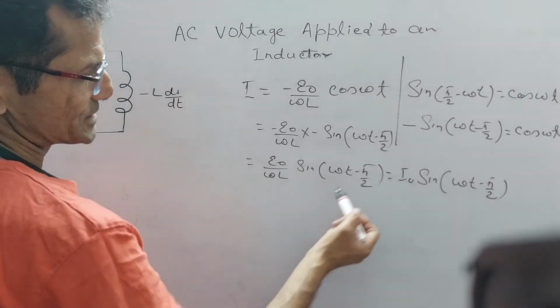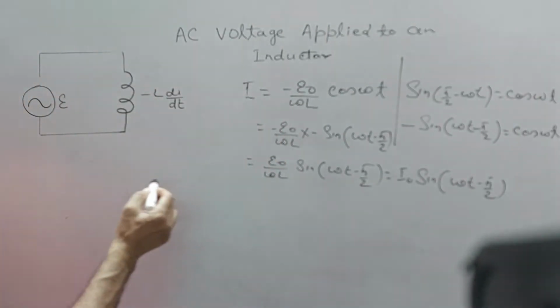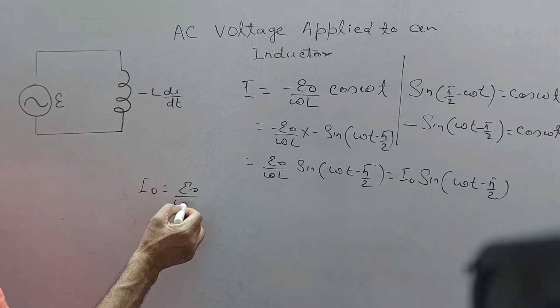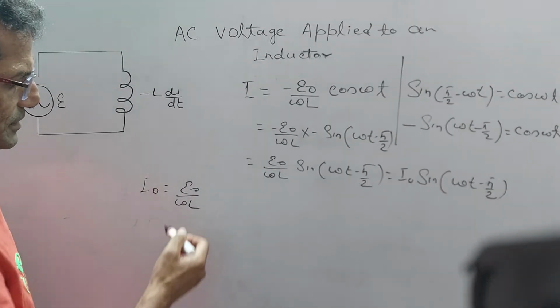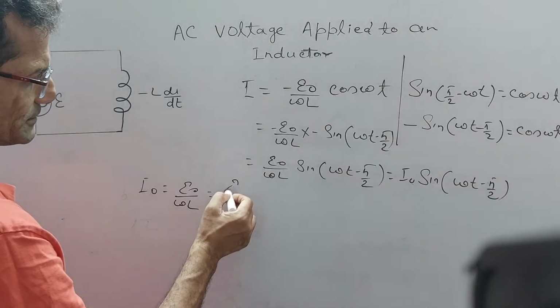This sine term has a maximum value of plus 1, so the maximum current I naught is E naught upon omega L. And omega L represents the inductive reactance.